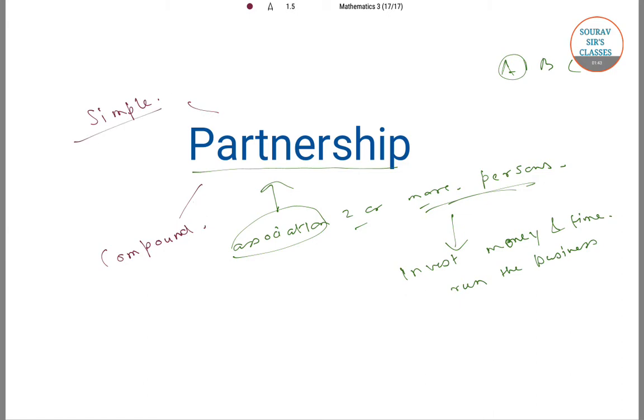Simple partnership is if the capitals of the partners, or the money invested by the partners, is for the same time. Then it is called simple partnership. In this type of partnership, the profit or loss of a business is distributed among the investors in the ratio of their invested money.